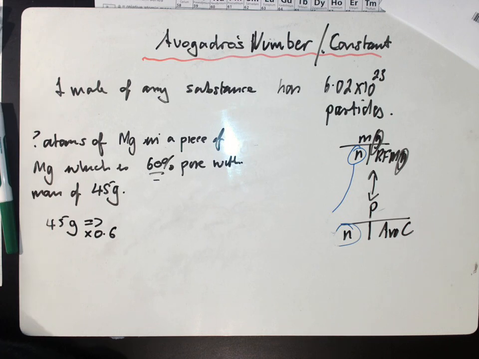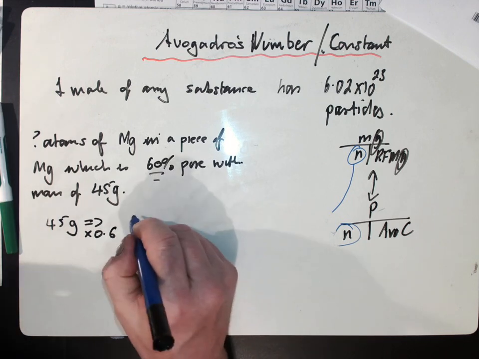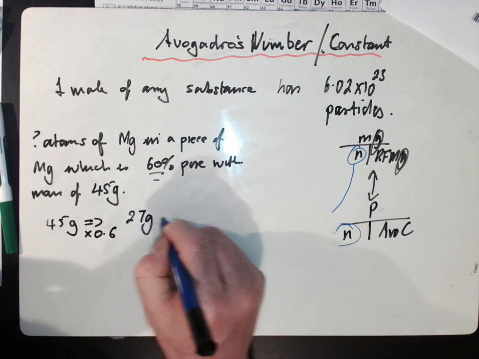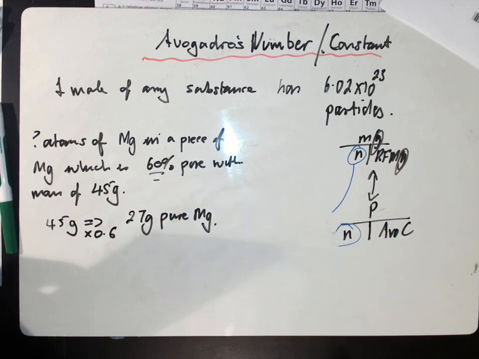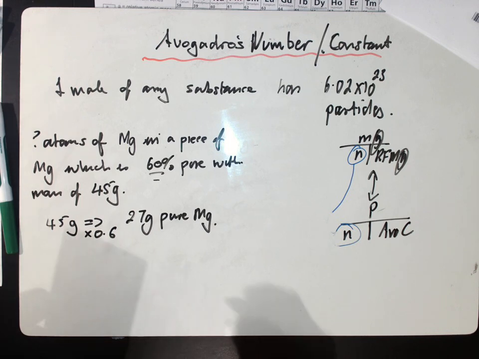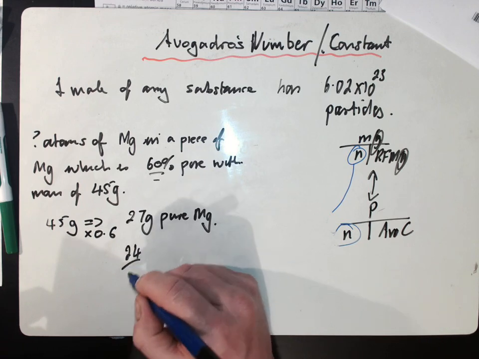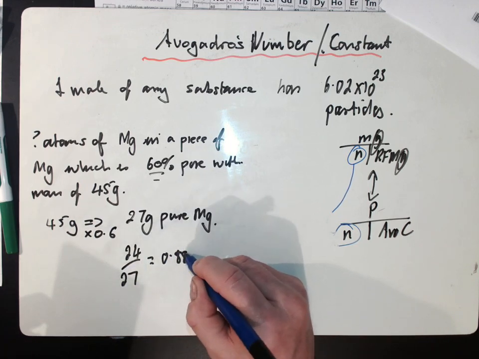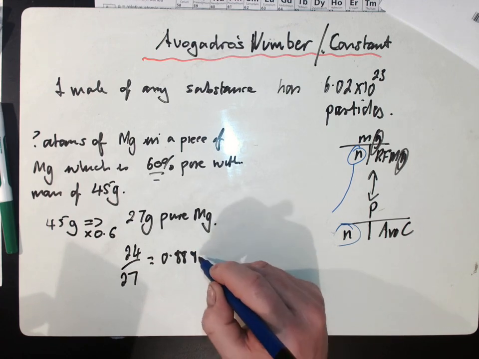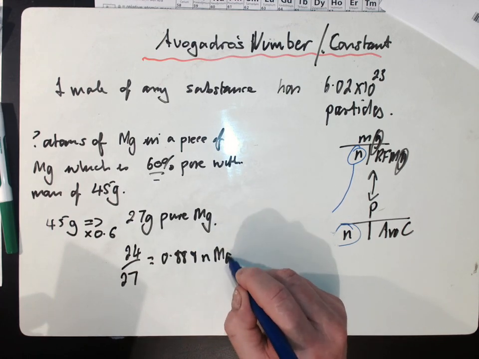So 0.6 times 45 gives us 27 grams of pure magnesium. Then if we do 24 over the 27, that is 0.889, and that is moles of magnesium.